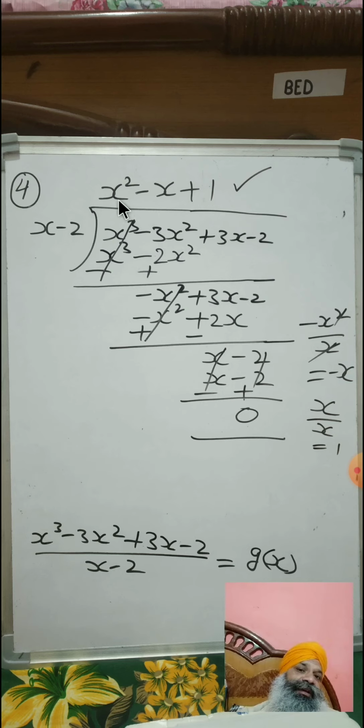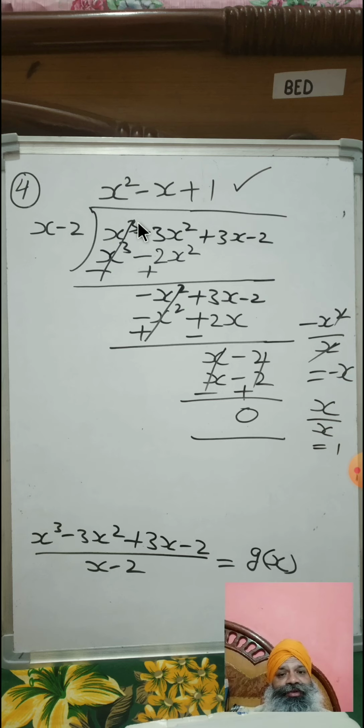So x cube divided by x gives us x square. Then x square multiplied by x gives x cube, and x square multiplied by minus 2 gives minus 2x square.